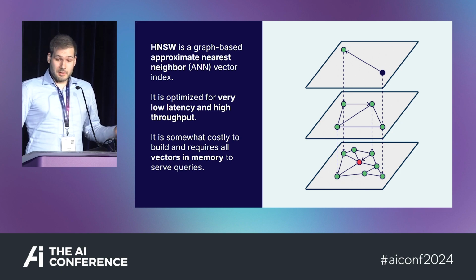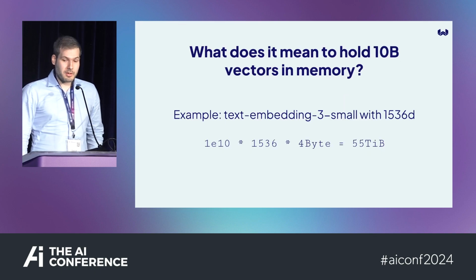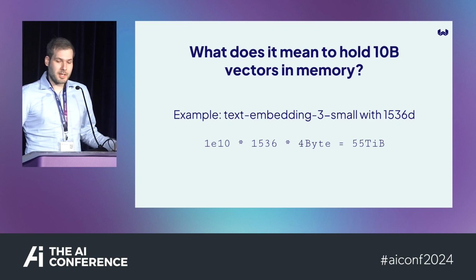There is a downside. There's just no free lunch in engineering. It's always trade-offs, and it's an in-memory vector index. So you need to keep all of those vector embeddings in memory. If we're thinking of OpenAI's text-embedding-3, their most current vector embedding model for text, it has a dimensionality of 1536 dimensions.